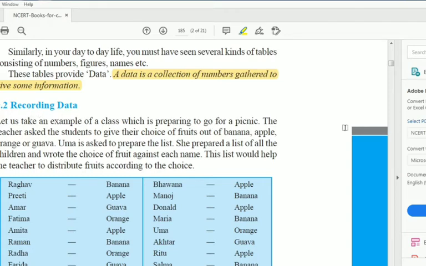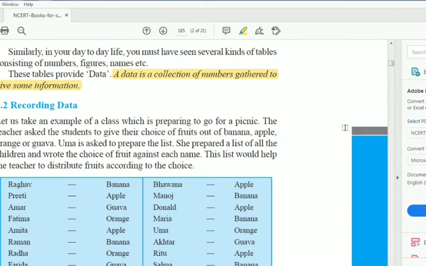Recording data. Okay, so let us take an example of a class which is preparing to go for a picnic. The teacher asks the students to give their choice of fruits out of banana, apple, orange or guava. Here the teacher gives some options related to the fruits.